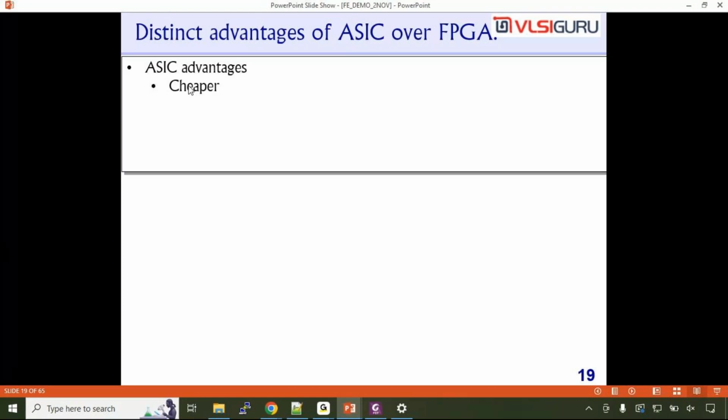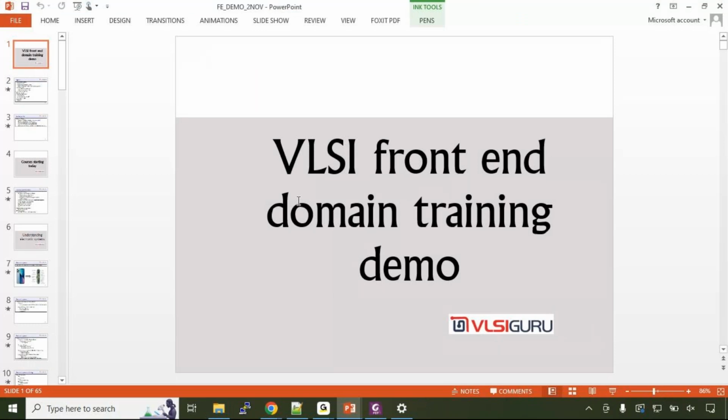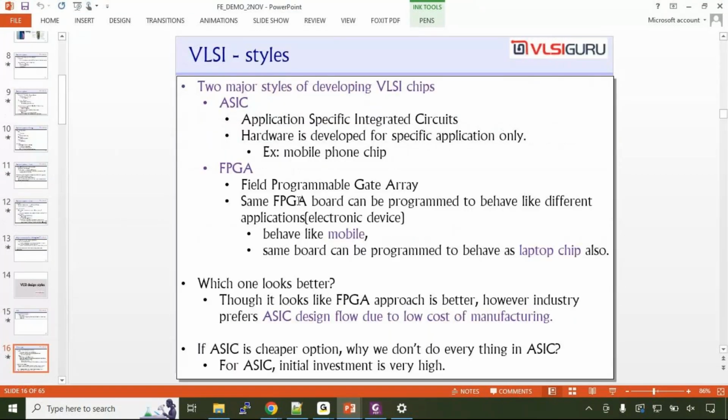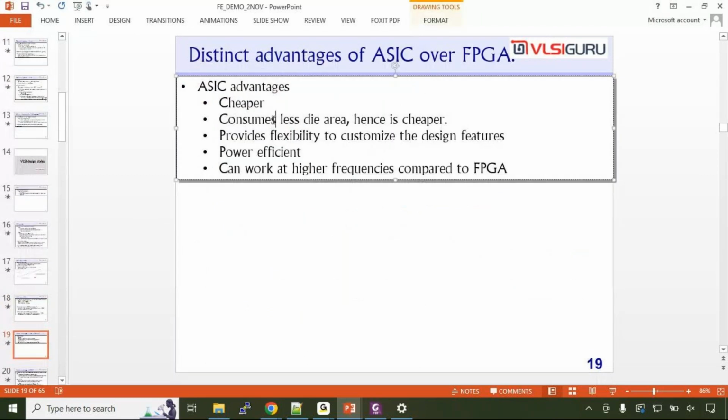ASIC advantages are it's cheaper, it consumes less die area, hence it is cheaper. It provides flexibility to customize the design features, and it is power efficient. It can work at higher frequencies compared to FPGA.